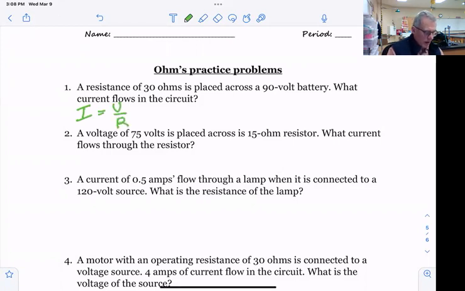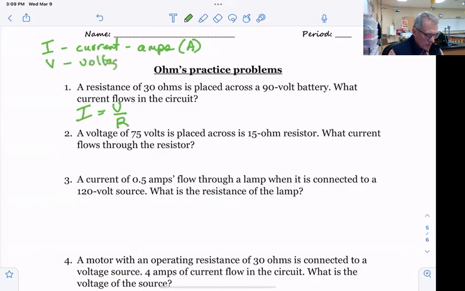I'll write up here, I is current, and it's measured in amps. The abbreviation is A. V is voltage, and it's measured in volts, and it's abbreviated V. And last but not least, R is resistance, and that's measured in ohms.